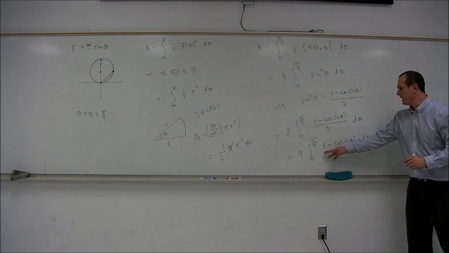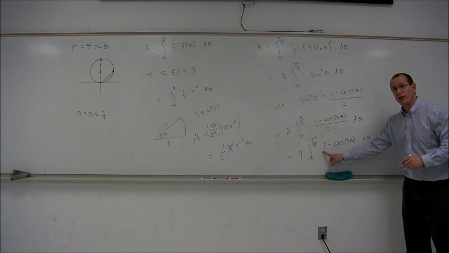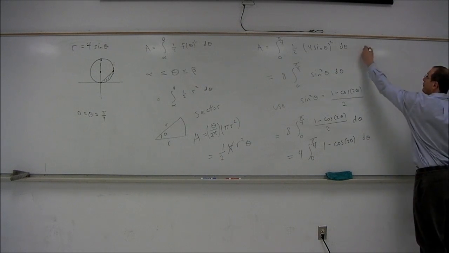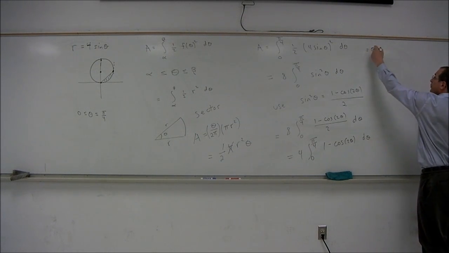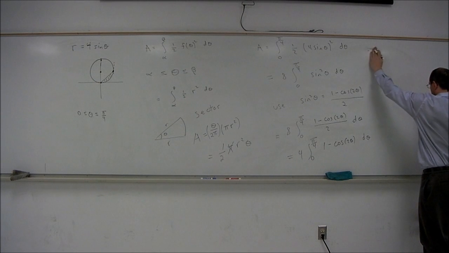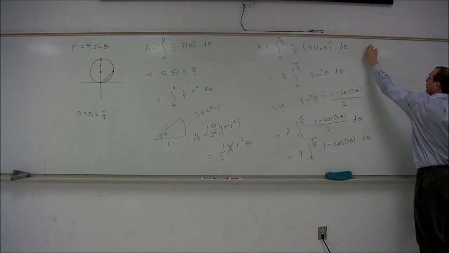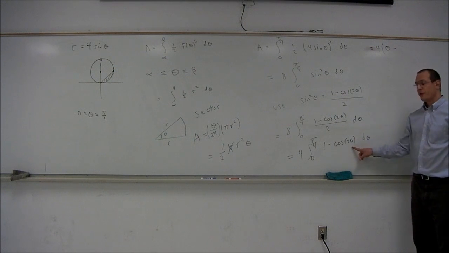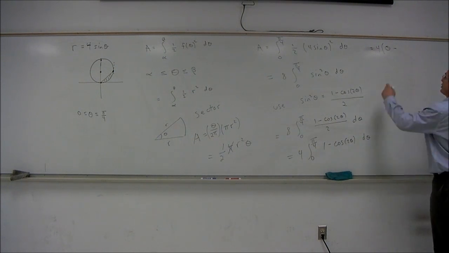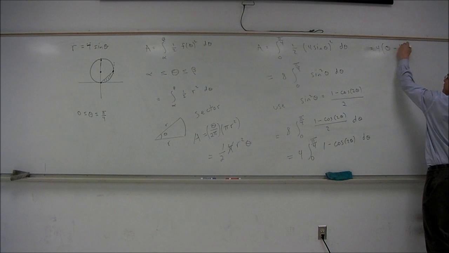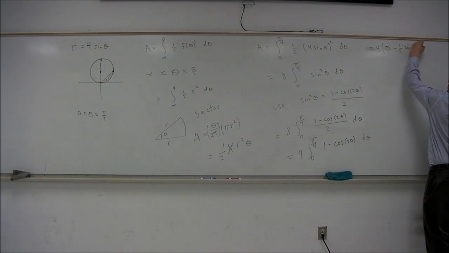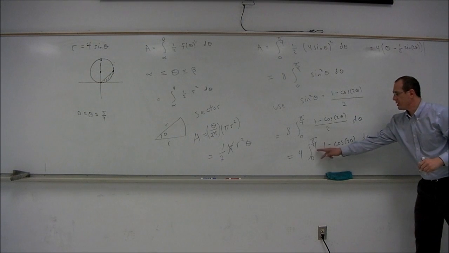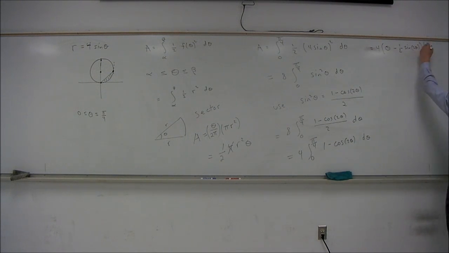And this is now a fairly easy integral. The integral of 1 d theta is theta, and we have our 4 still. Theta minus the integral of the cosine of 2 theta is going to be 1/2 times the sine of 2 theta. And we have to plug in our endpoints 0 and pi over 4.